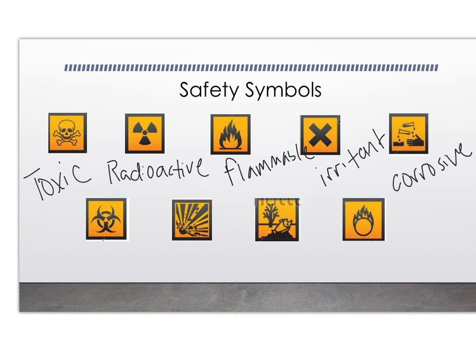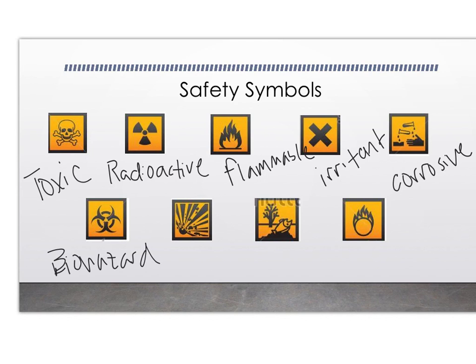The first one on the bottom is the biohazard symbol, and this is where you put substances of bodily fluids like blood samples, urine samples, gloves, or anything that touches the body that can spread different diseases.